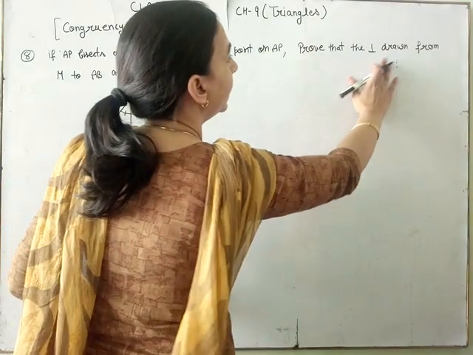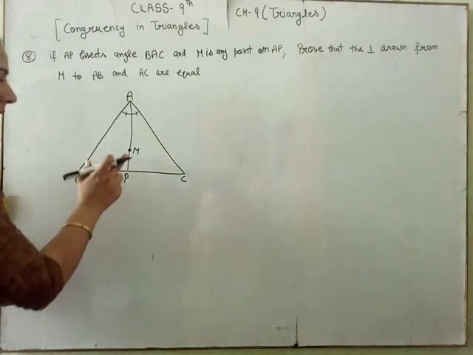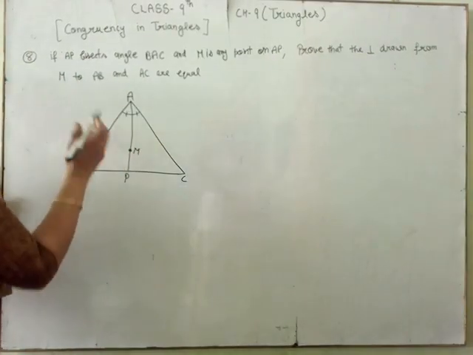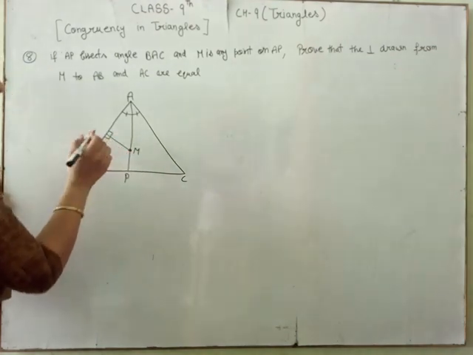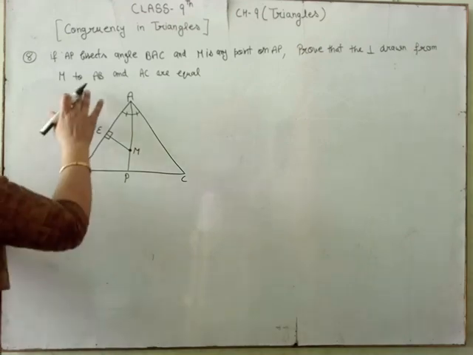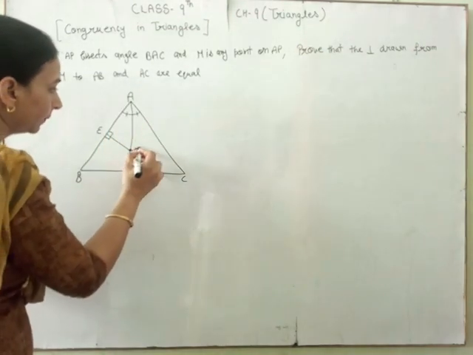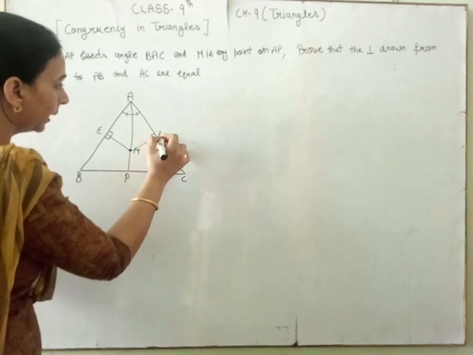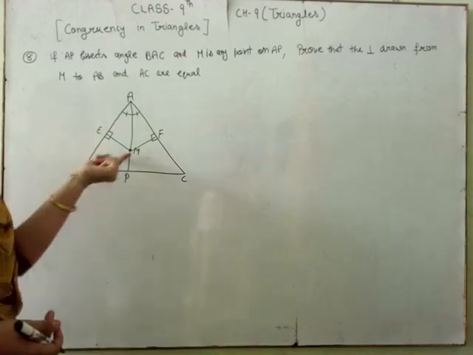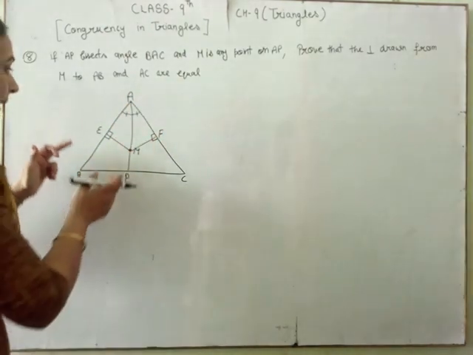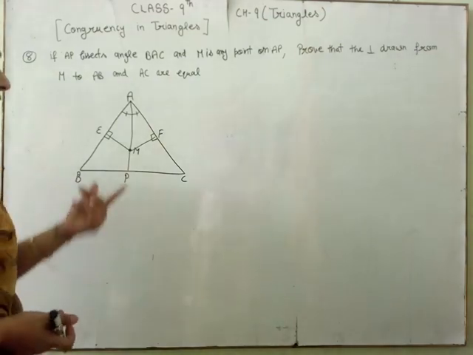Prove that the perpendicular drawn from M to AB, let this be E, and from M to AC, this is also a perpendicular, and this is point F. We have to show that these two perpendiculars are equal. That means ME and MF are both equal. We have to show this.